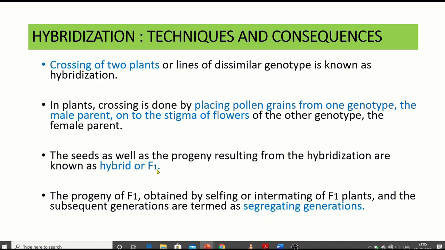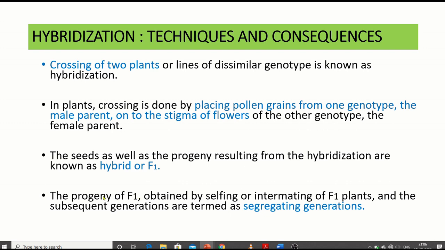In a hybridization program we usually go for two different sections. The first one is production of the F1 hybrid. If it contributes a huge amount of heterosis or hybrid vigor, we can directly release it as a variety, or we can further go for F2 and further generations and use other breeding methods such as the backcross breeding method.